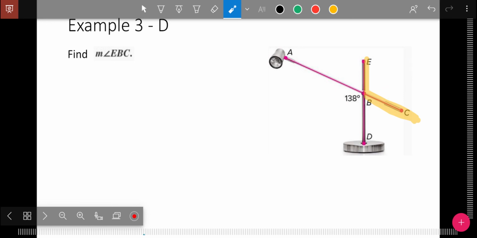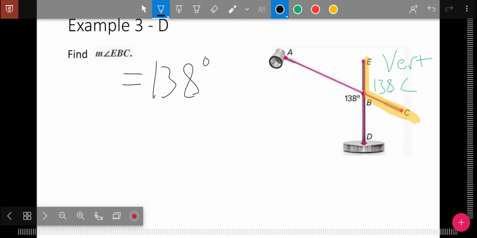And so the word there, hopefully you remember, is it's vertical. All right, with this one. All right, so this is 138, this is 138. And so the answer here is it equals 138 degrees.